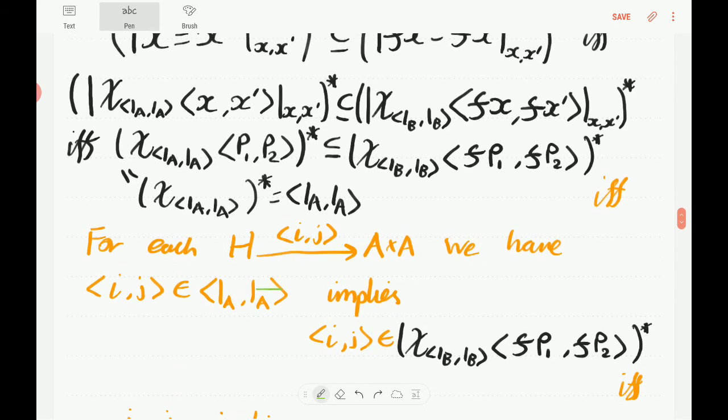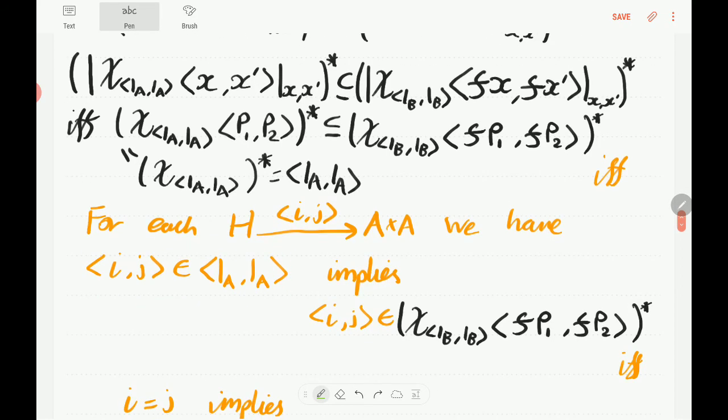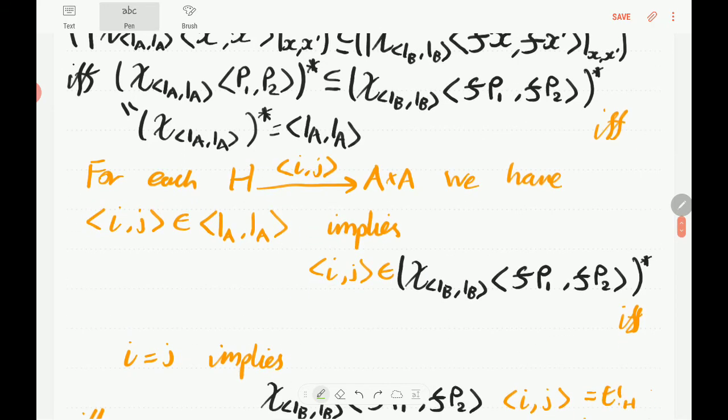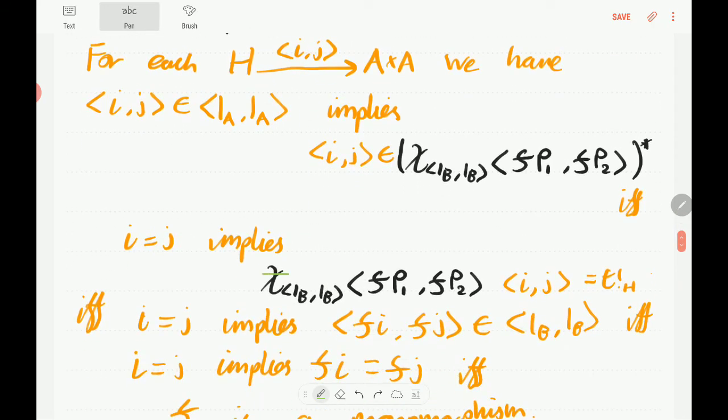Now that first part is just saying that I equals j. Basically I'm saying that I comma j is in identity A comma identity A if and only if I equals j. So this first statement's basically just equivalent to saying that I equals j. So we can rephrase this whole thing. It's basically saying that I equals j implies that I comma j is in this black subobject here.